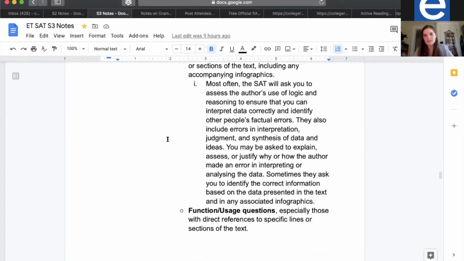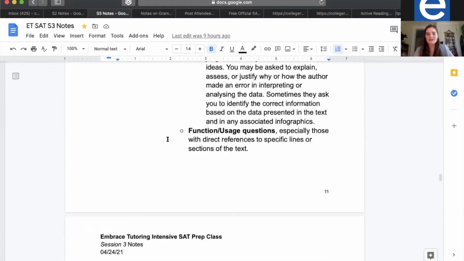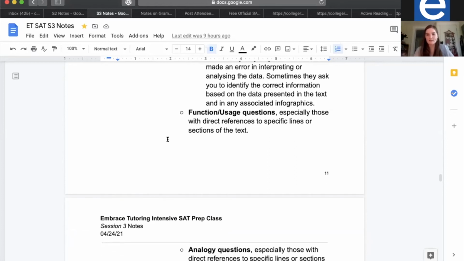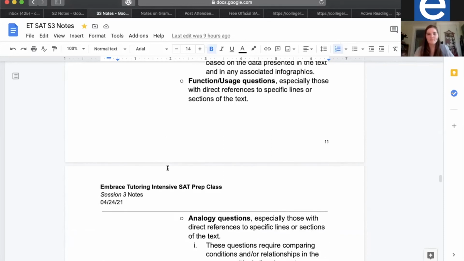They're also pretty easy to identify. So they can include things like errors in interpretation, judgment, synthesis of data and ideas, and you can be asked to explain, assess, or justify how the author made an error in interpreting or in analyzing the data. Some can also include things that are related to the data, okay?